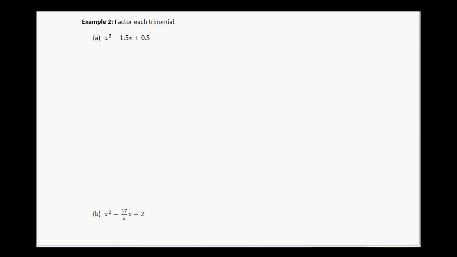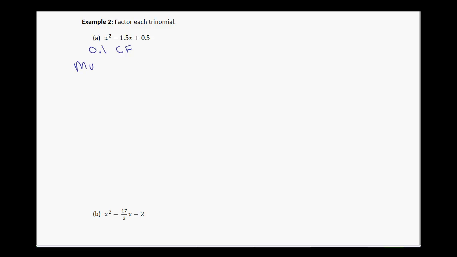Example 2. Factor each trinomial. So now it wants us to find the two binomials that multiply together to get the trinomial that we're given here. A. X squared minus 1.5x plus 0.5. Well, here we're given decimals, and those aren't very easy to factor. So we're going to go ahead and take out a common factor of 0.1, so that way we can work with integer values.